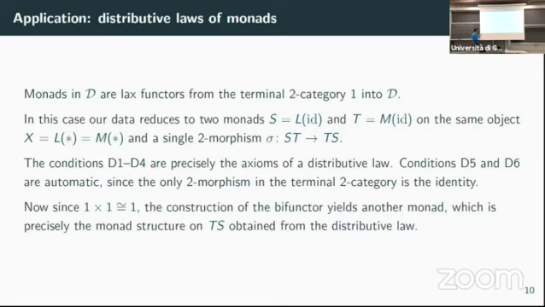And indeed, this monad is precisely going to be the composite monad from this distributive law. So in other words, this construction recovers the construction of a composite monad from a distributive law as a special case.